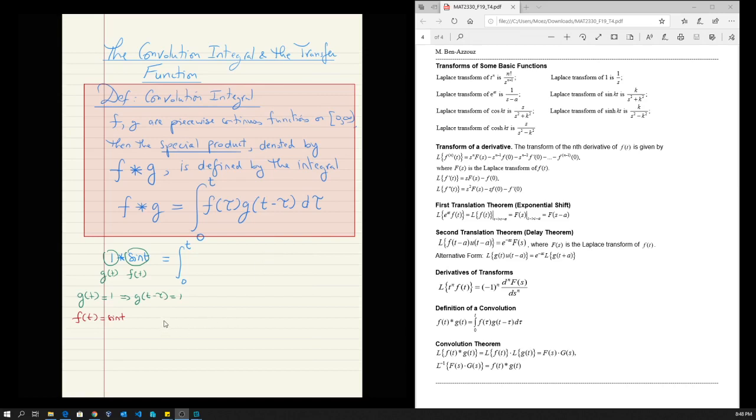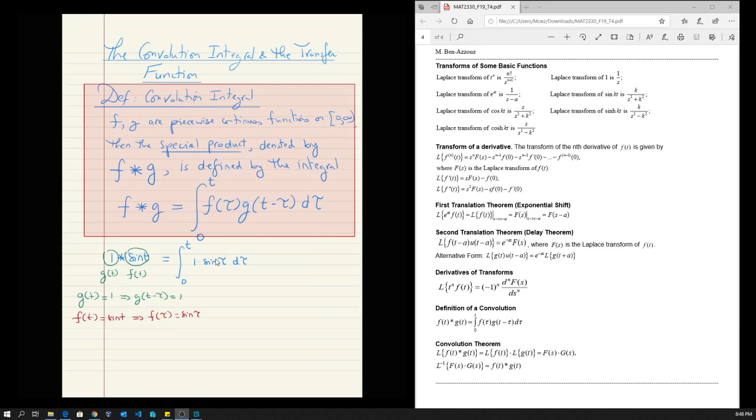And f of tau becomes sine tau. Those are the pieces that will go inside my integral, and they get multiplied together. So this becomes 1 times sine tau, and of course I have to integrate with respect to tau.